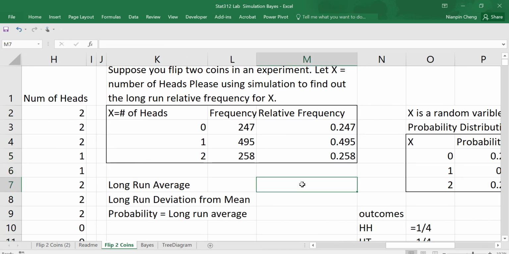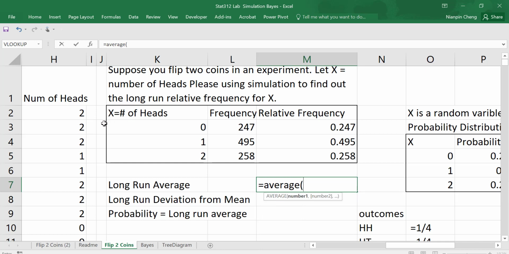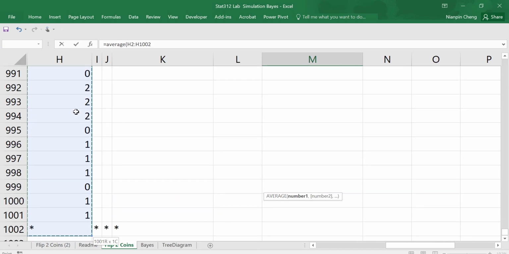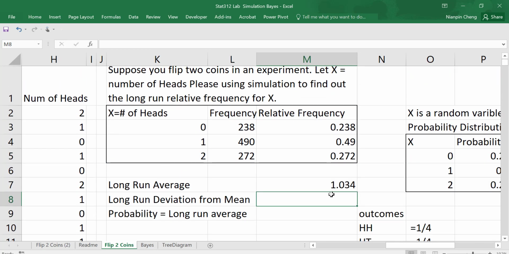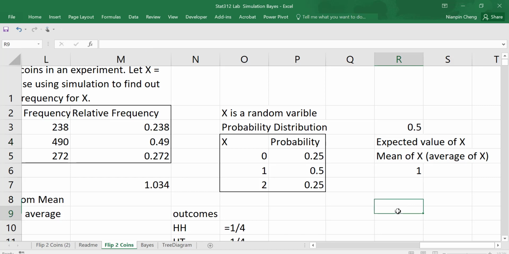Next, from the experiment, we can take the average of your x value, the number of heads. That's close to 1. So we verified the theoretical one and the long run average are the same. This long run average has the name we call the mean of x, or the expected value of x. Okay.